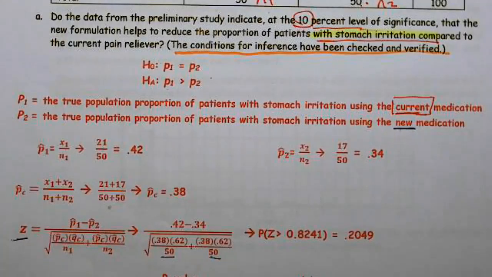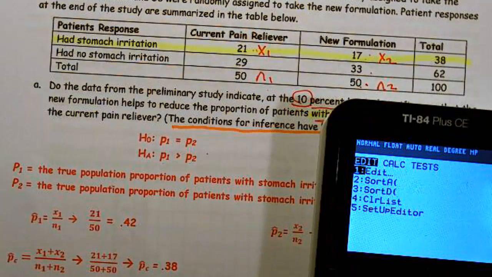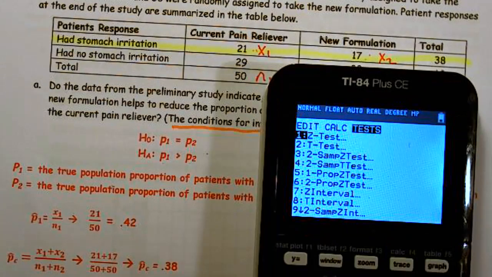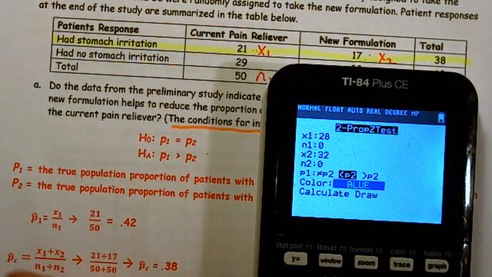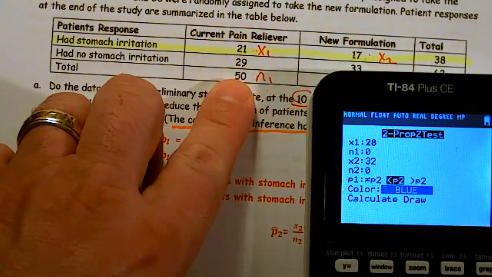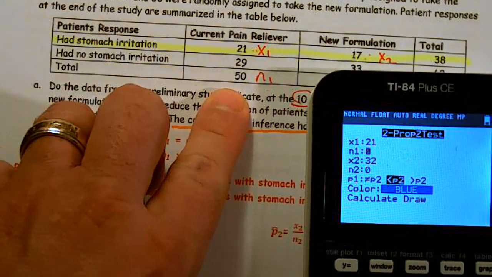So then we need to go plug this into the calculator, plug the information that we have. We're going to go stat, arrow over to test, and we're going to be looking at a 2 proportion Z test, which is number 6. All right. And the first thing it asks for is X1. Well, X1 I said was going to be 21 and N1 was 50.